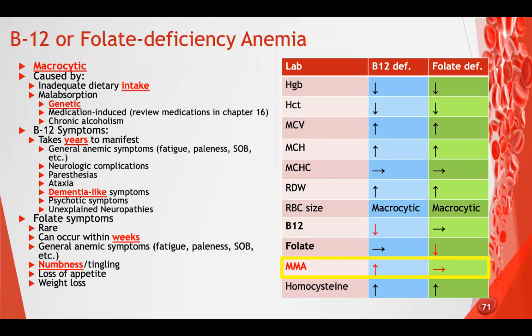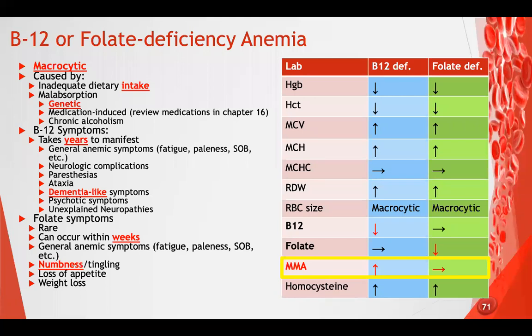So with our vitamin B12 and folate deficiency anemia, this type of anemia is macrocytic, meaning the red blood cells will be very large, and it is typically caused by inadequate dietary intake, or malabsorption. So this could be genetic, it could be medication induced.